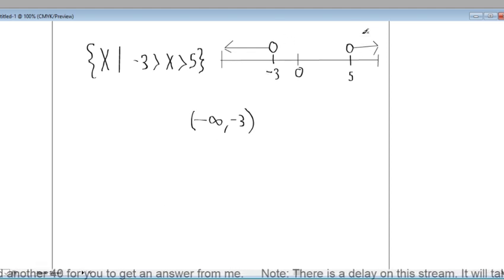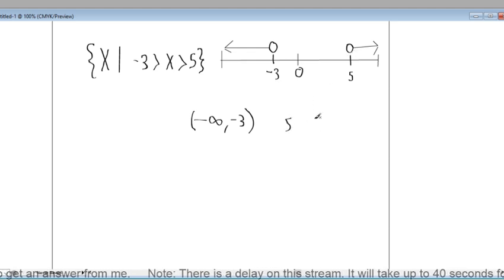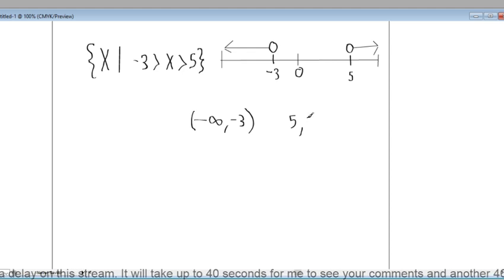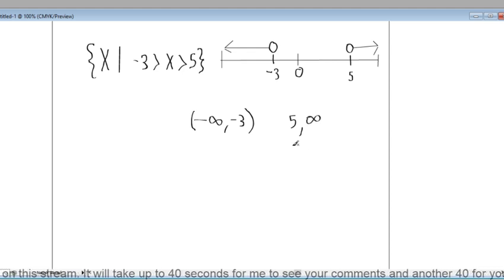However, we also have this line over here. Again, reading left to right, this starts at 5, and goes all the way into positive infinity. We cannot be equal to 5. We cannot be equal to infinity.